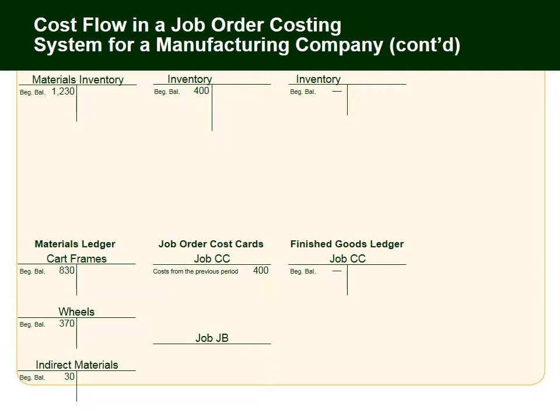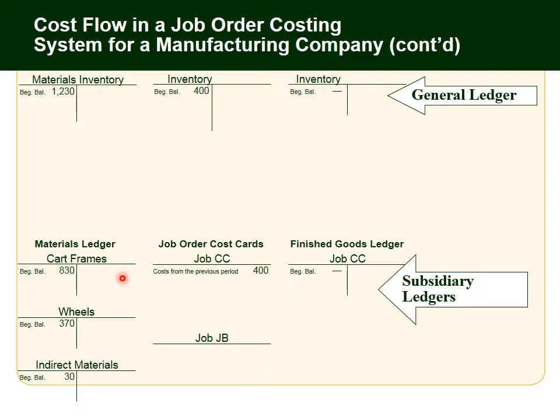Here are our T accounts set up. Materials inventory, and sorry, the PowerPoint's not showing that on this one, but this is materials, work in process inventory, and finished goods. And down here are something called subsidiary ledgers. So that's your general ledger. These are subsidiary ledgers, and it's a new concept we want to throw in there if you're taking notes on new terms.